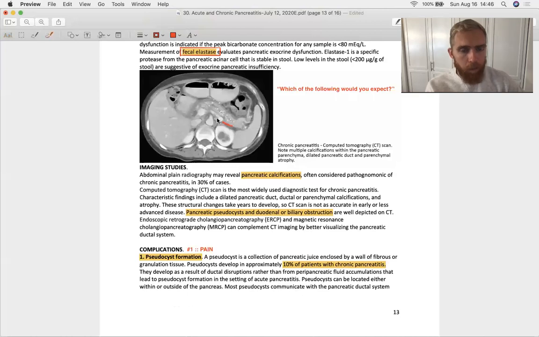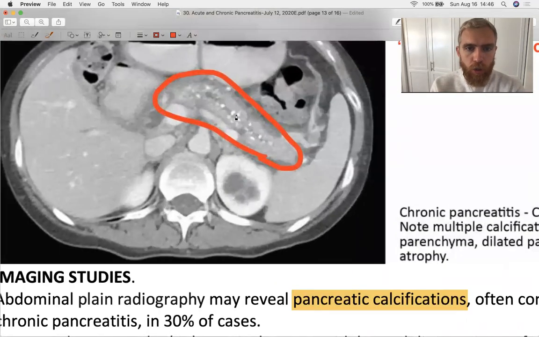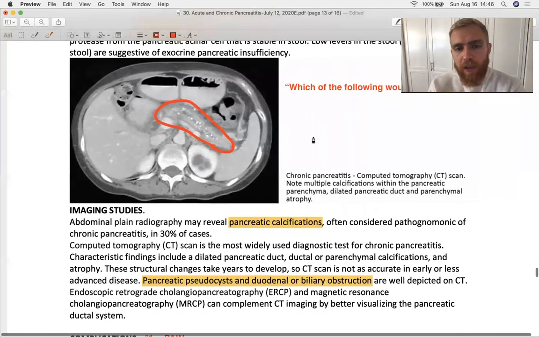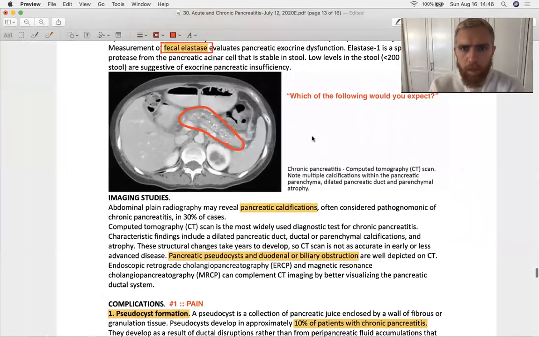Imaging might be helpful if you see a sign such as these pancreatic calcifications. Notice they're nodular. They're just little white pebbles down in there. And you don't see them in acute pancreatitis really, unless it's acute on top of chronic pancreatitis, because it takes a long time for these stones to form, okay?